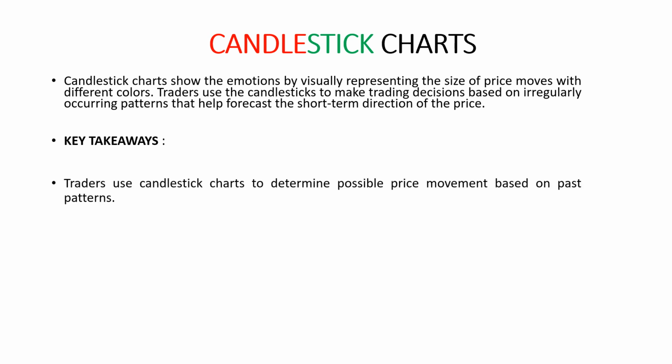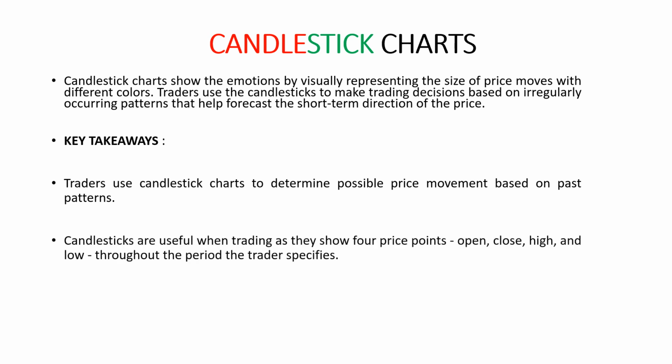Some of the key takeaways: traders use candlestick charts to determine possible price movements based on past patterns. And candlesticks are useful when trading as they show four price points. We know which are those: open, close, high and low throughout the period that the trader specifies.